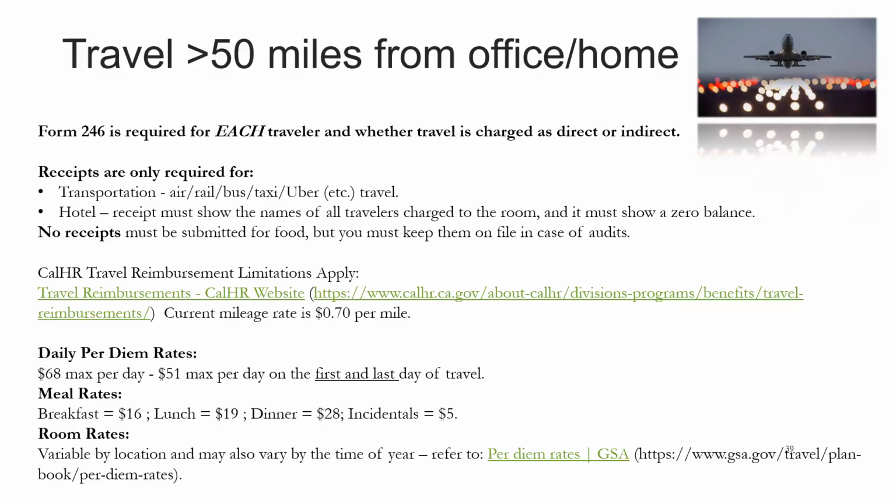So the meal rates, we're using the base rates for the feds. The feds have some differentials that we're not using for meals. So you'll see at the bottom of this slide, the meal rates, those are fixed. The per diem rates, that is the total that you can charge for the day.